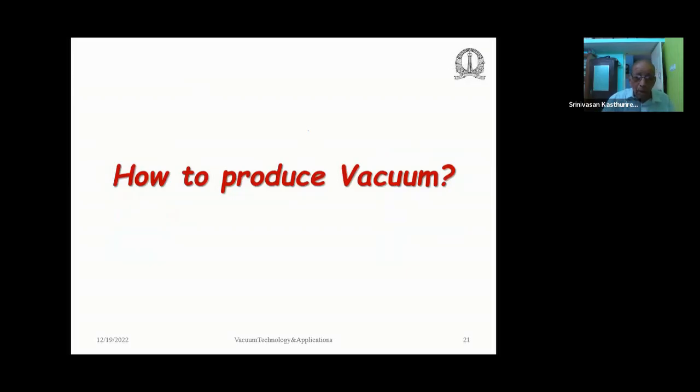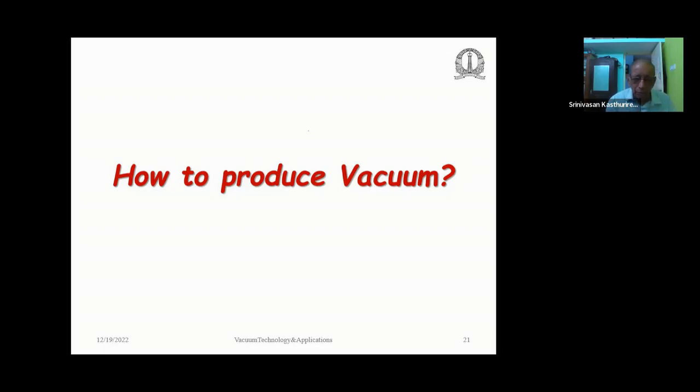Okay. So far, what we have seen is what is vacuum, and what exactly is the meaning of mean free path. We also discussed some definitions of pumping speed, throughput, all those things.